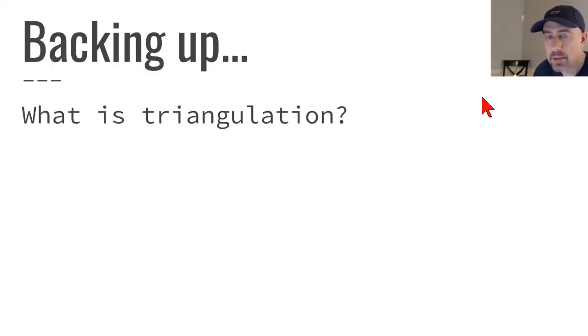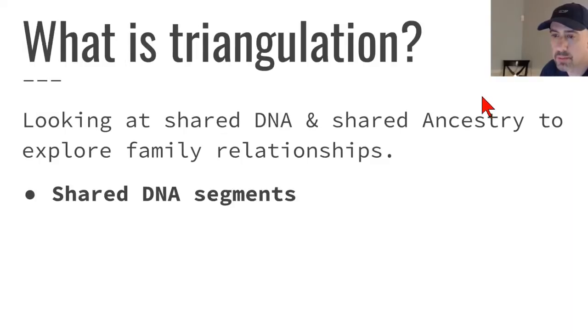So just to back up a little bit for those of you who may not be deep into triangulation, I'll tell you what triangulation is. This could be just a short refresher for some of you. So triangulation is simply a process of looking at shared DNA matches and shared ancestry to explore family relationships.